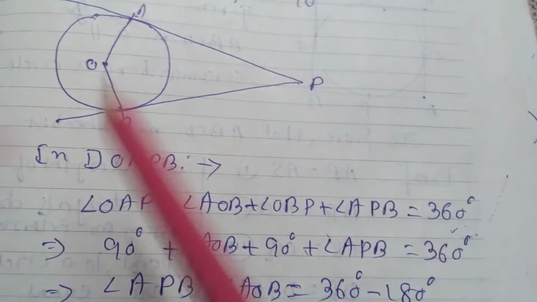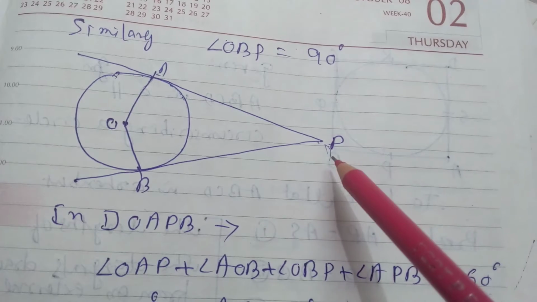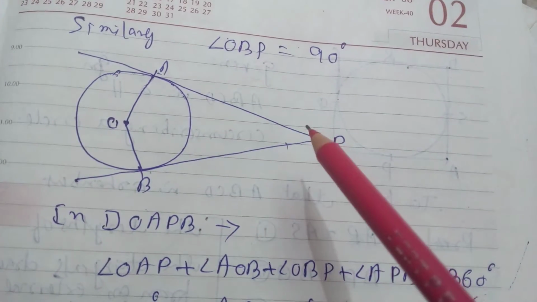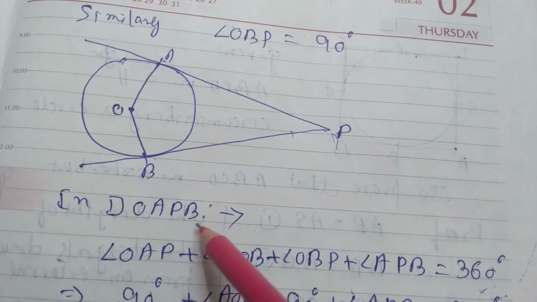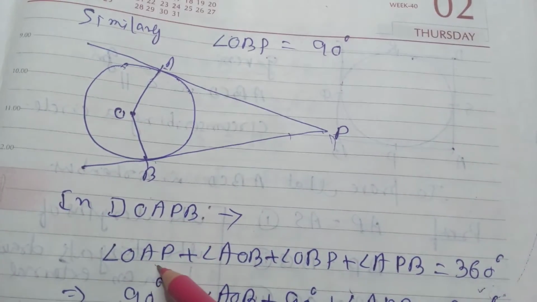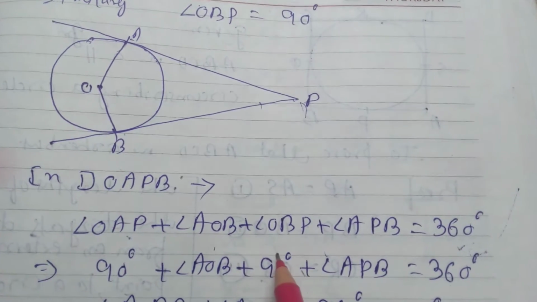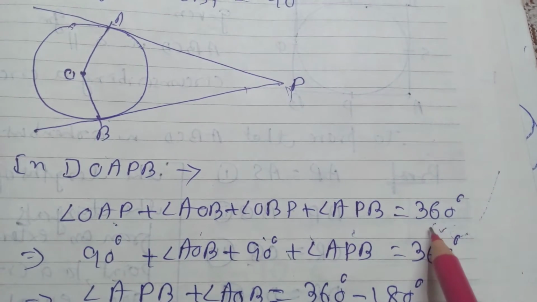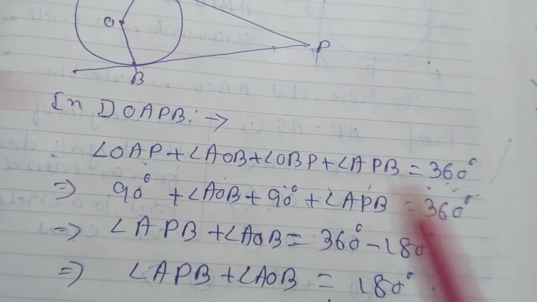Okay. Now in quadrilateral AOBP, we know sum of these four angles is 360 degree. So in quadrilateral OAPB, angle OAP plus angle AOB plus angle OBP plus angle APB equal to 360 degree, since sum of the angles of a quadrilateral is 360 degree.